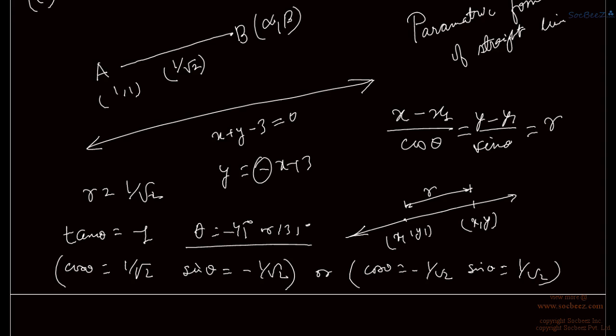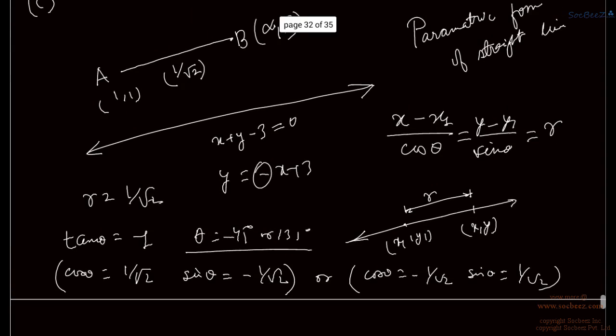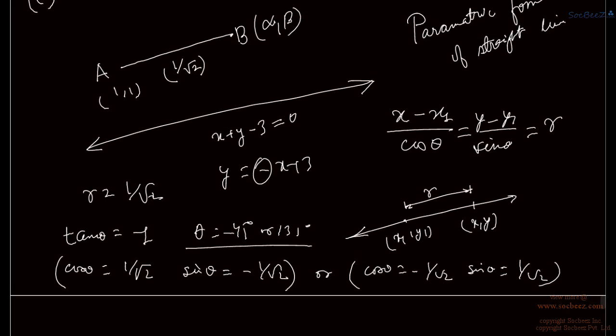This pair satisfies tan theta is equal to minus 1. Now we will substitute these and find the value of alpha beta. So we will be getting two values of alpha beta.